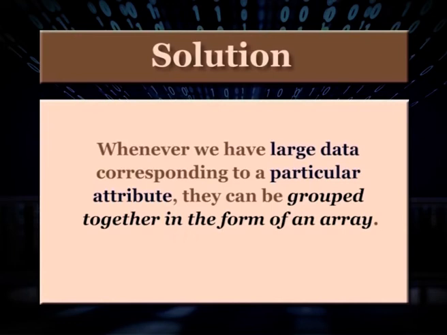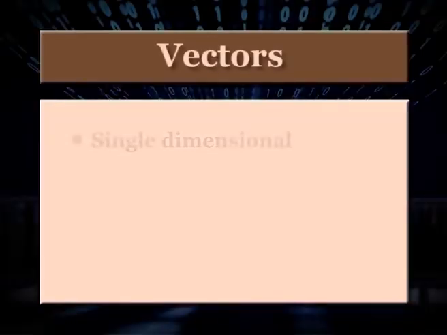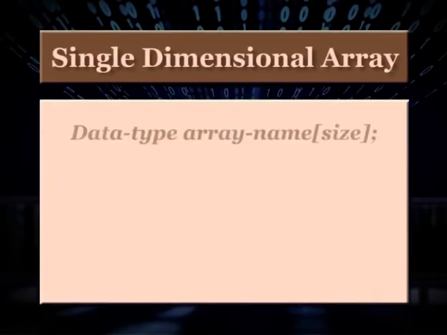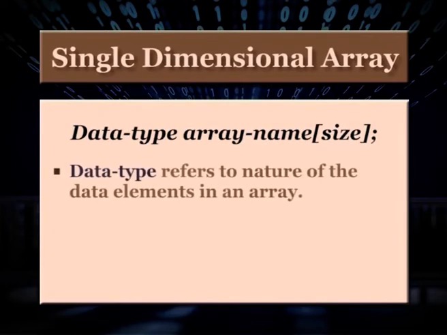Whenever we have large data corresponding to a particular attribute, they can be grouped together in the form of an array. Vectors are the simplest form of arrays. They are also called single dimensional or 1D arrays or linear arrays because only one subscript or index is used to identify elements in an array. Its syntax is, as we know, data type refers to the nature of data elements in an array.